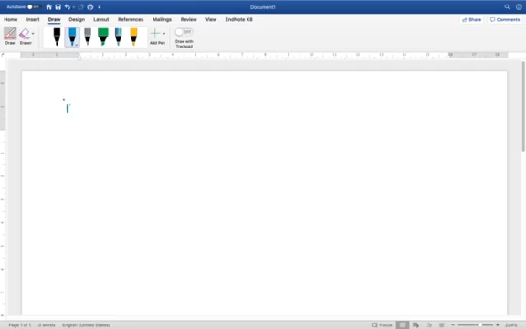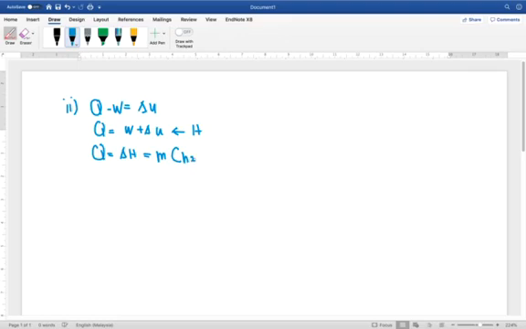Q minus W is equal to delta U, and Q is equal to W plus delta U. This is enthalpy. Then Q is equal to delta H. To find delta H, I have to simplify this formula to m times (H2 minus H1).